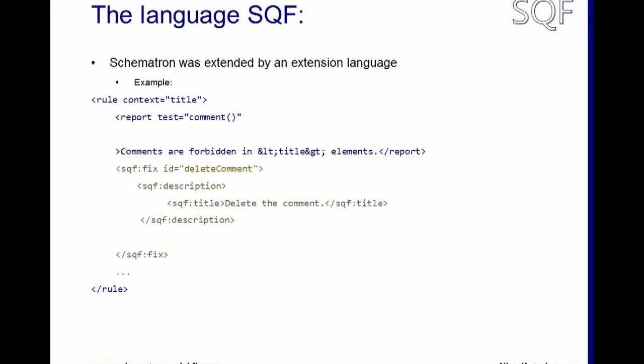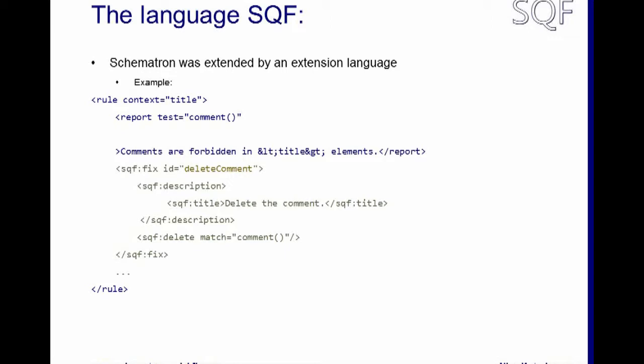And the title is delete the comment. And now you need some action elements. I called it activity elements. To delete, it's the simplest way, just a delete element, and there's a match attribute to say what is to delete, and the context of this element is the actual title element. So it will just delete the comments in the title of the Schematron error.